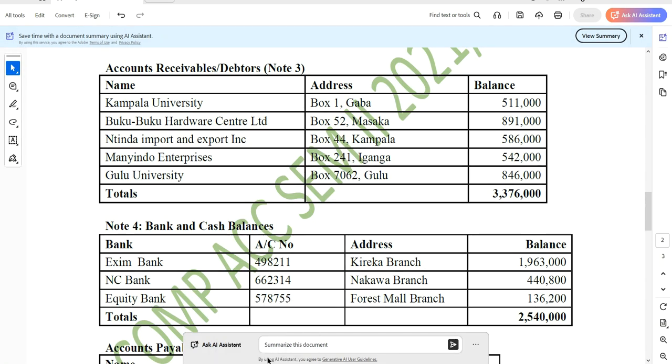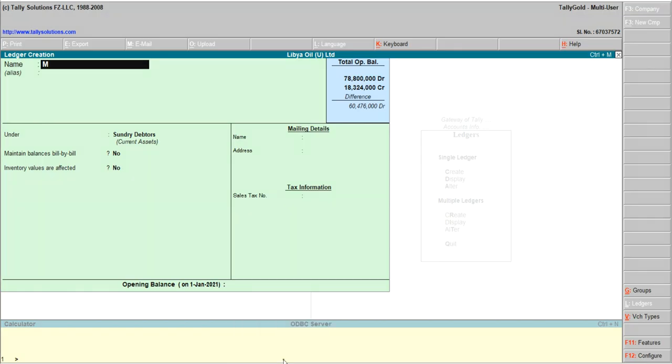Next you have Manyindo Enterprises, Iganga. The box number is box 241 Iganga.